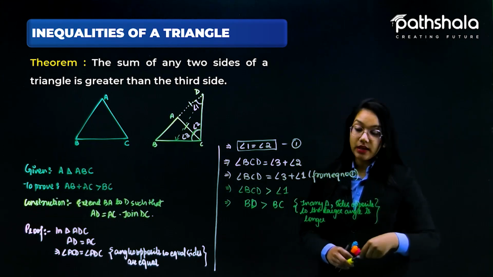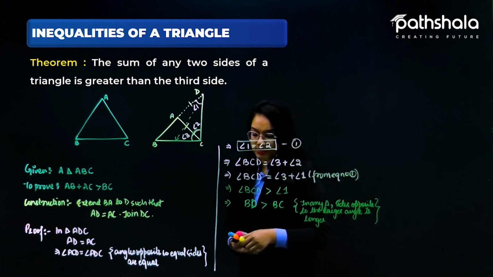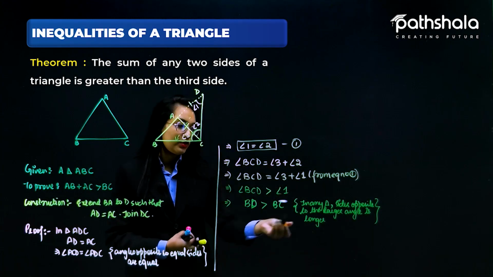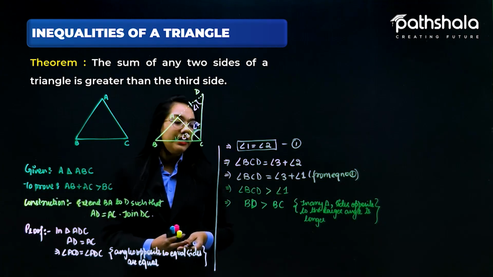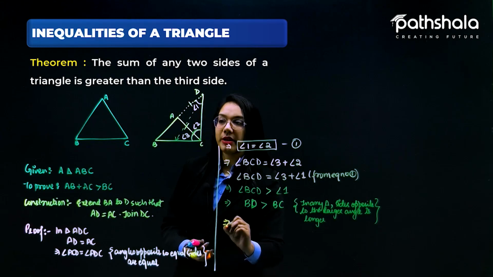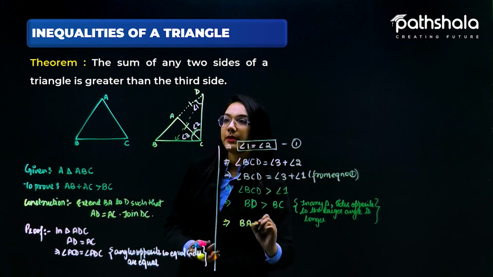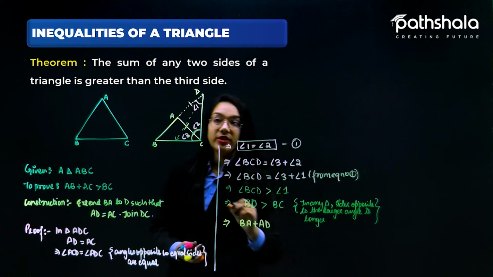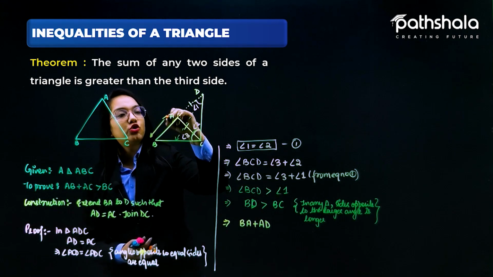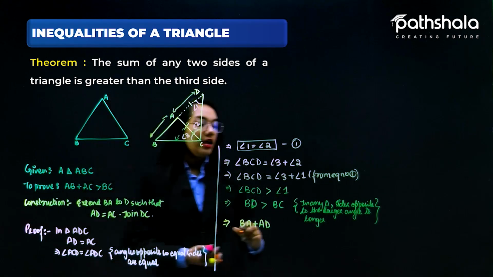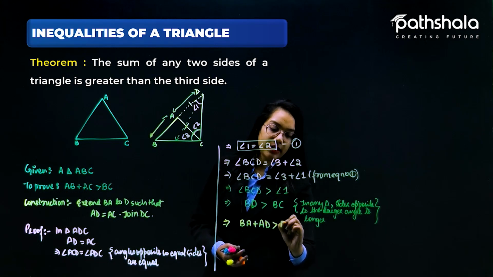So it implies that BD is greater than BC using that theorem. If BD is greater than BC, we can write BD as BA plus AD. Obviously BD is the sum of these two, BA plus AD, which is greater than BC.